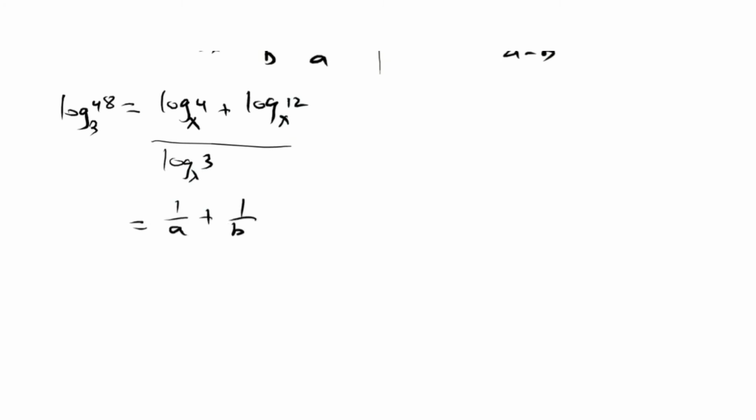We can write this as log x 4 plus log x 3 divided by log x 12. Log x 4 is 1 over a, plus log x 3 is 1 over b minus 1 over a. Solving this, we would get a plus b over a minus b.